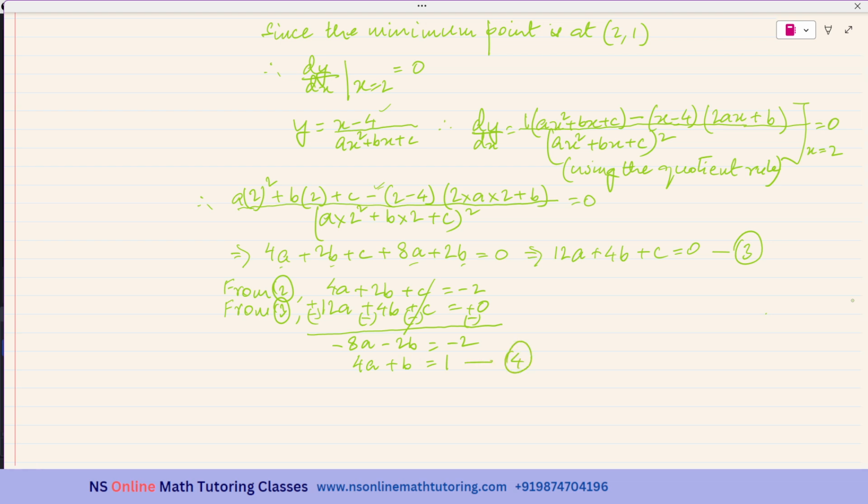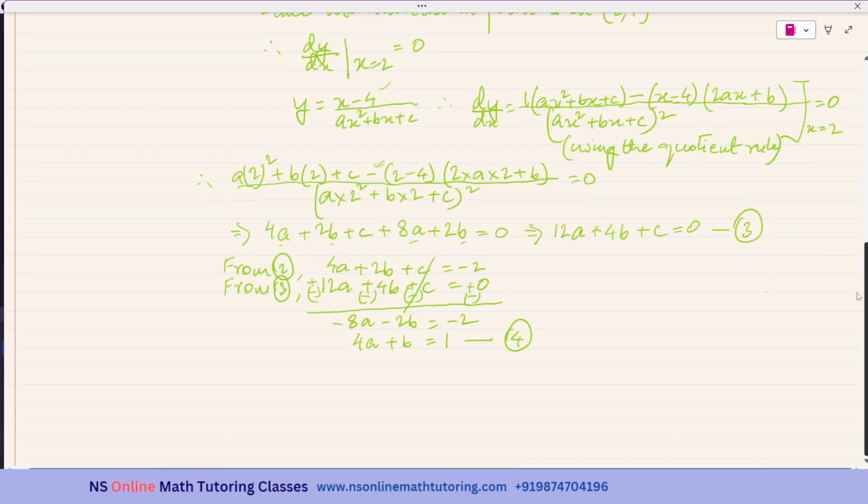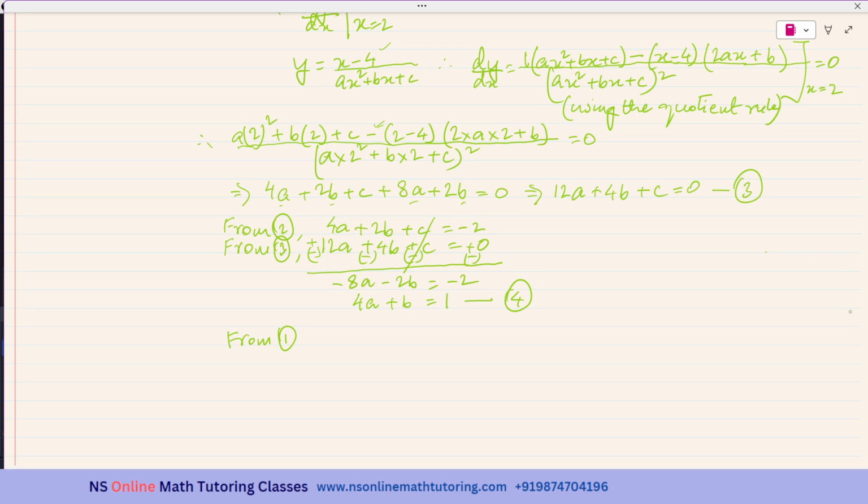Okay. What was equation 1? It was a plus b plus c is equal to 0. So from 1, it is a plus b plus c equal to 0. And from 3, because it is having 0 on the right side, I am taking the 3. It is 12a plus 4b plus c is equal to 0.